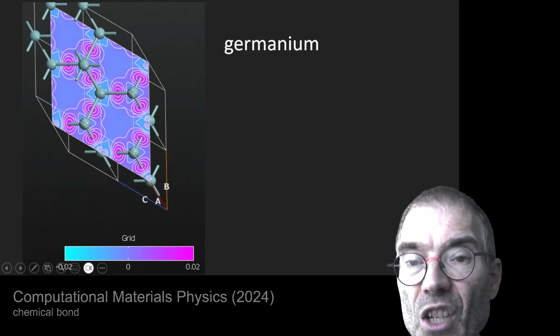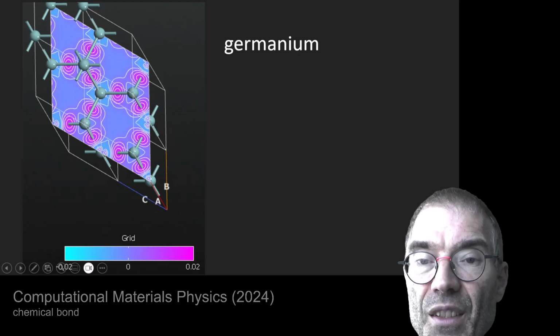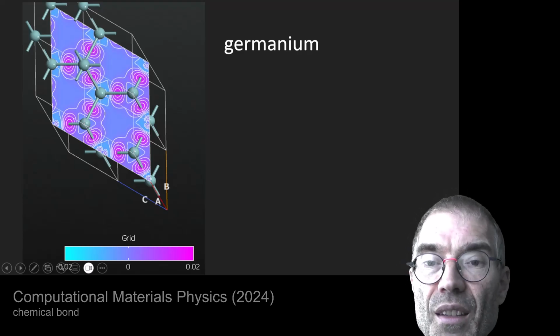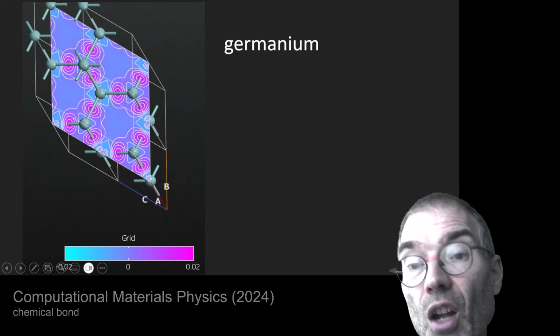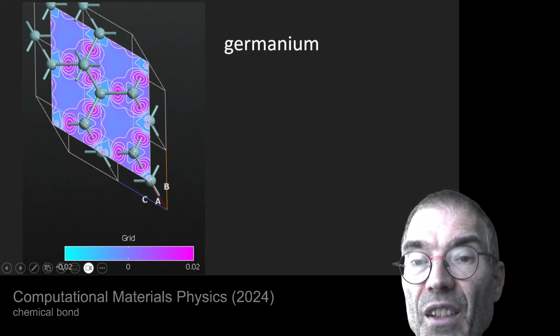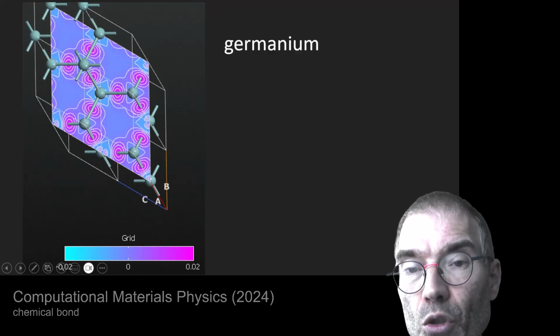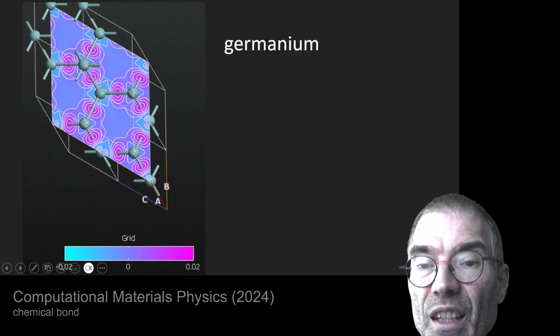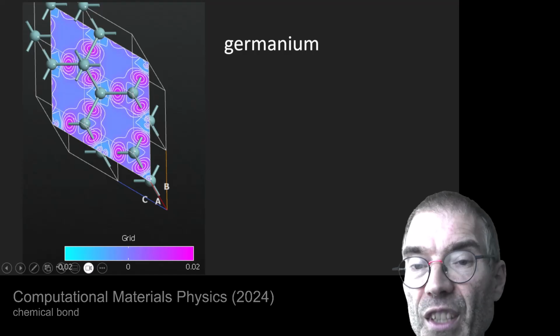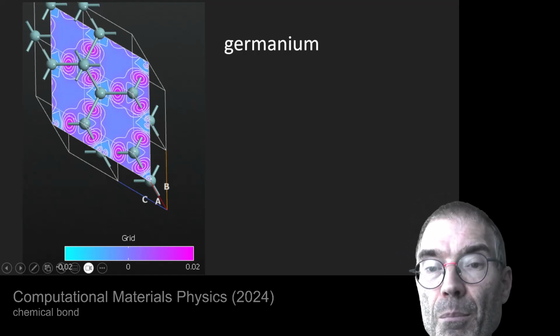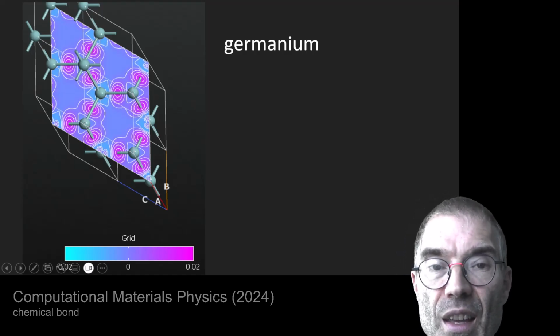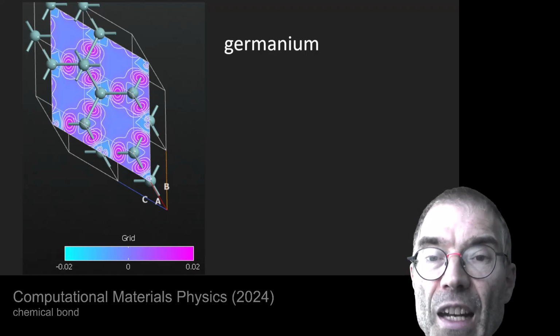The magenta regions are now located halfway between lines that connect two atoms. So there is electron accumulation in particular regions. The chemical bond is stronger in particular regions.